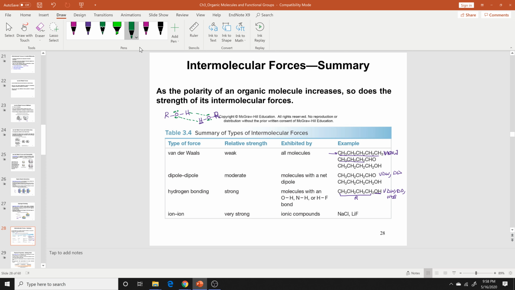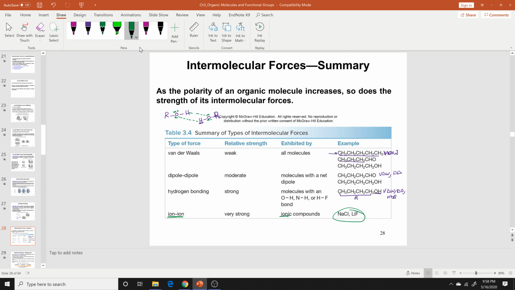So between the alkane, the aldehyde, and the alcohol, the alcohol is going to be the strongest because it has all three types of intermolecular forces. And then we have an example of the ion-ion. This is between ionic bonds. So sodium chloride, lithium fluoride. These two over here, they have basically an ion-ion interaction.